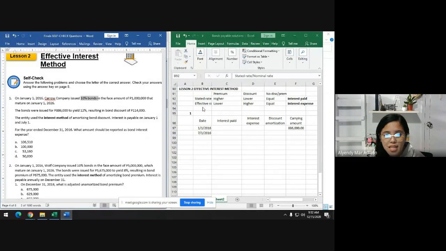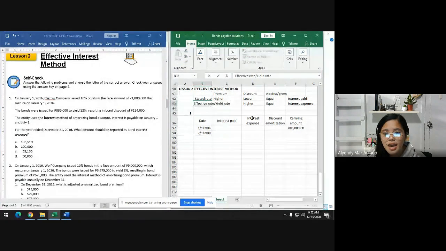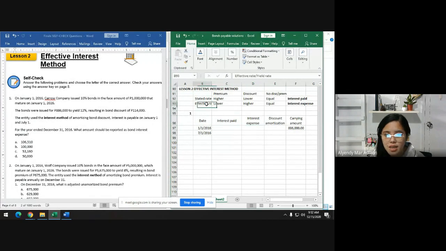You will recognize the stated rate because it is attached to the word bonds: 10% bonds. Effective rate, this is 12%, in other words, the yield rate. Take note, interest paid is based on the stated rate while interest expense is based on the effective rate.